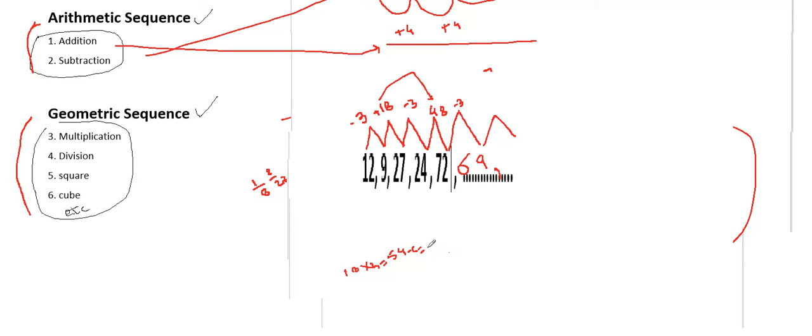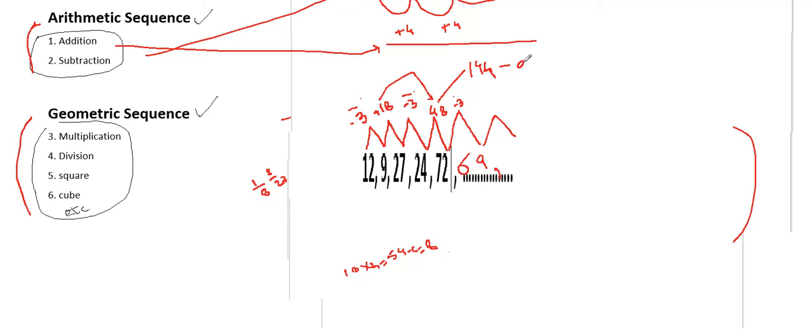It's quite easy now, because you see 18 into 3 is 54, minus these two 3's, which are 6, is 48. So we can simply multiply 48 into 3, which is 144, and we can subtract now all these 3's, which is 9, which gives 135.